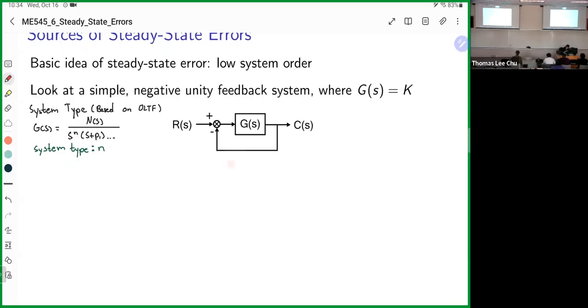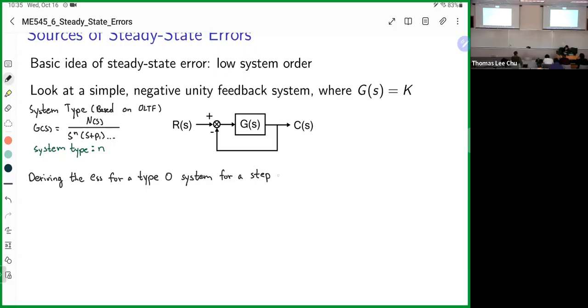Okay, so for this derivation, I'm going to derive the steady state error for a type 0 system, for a step input.